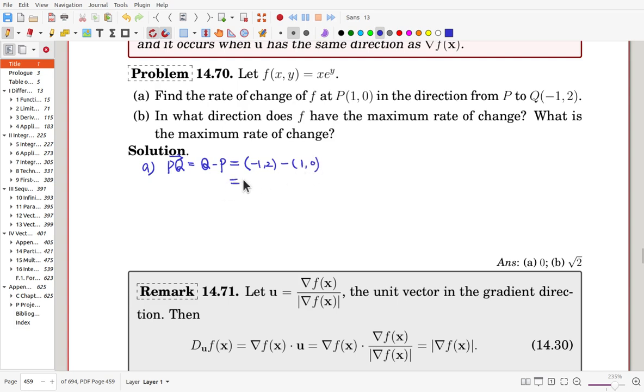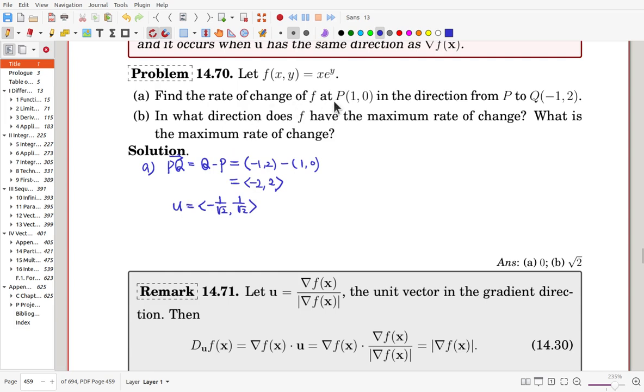So we have here that is (-2, 2). Length is 2 times square root of 2. So divided by its length, we reach the unit vector in the same direction as (-1 over square root of 2, 1 over square root of 2).